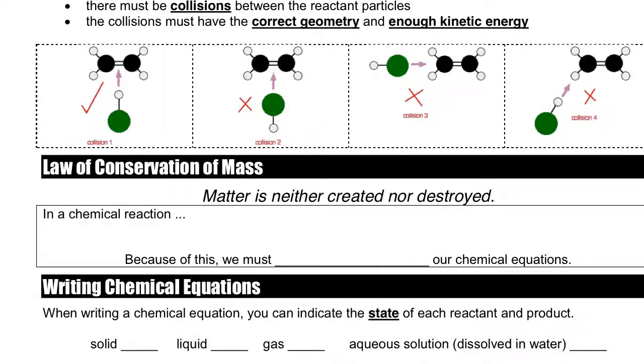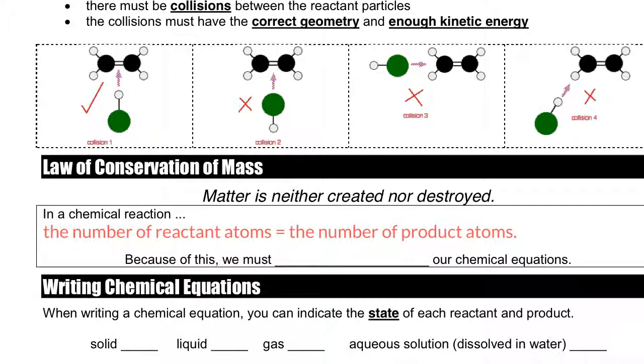Atoms are just being recombined. So the number of reactant atoms is the same as the number of product atoms. And because of this, we must balance our chemical equations. We need to have the same number of atoms on the left as there are on the right.